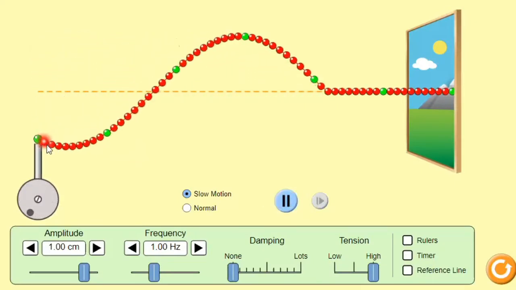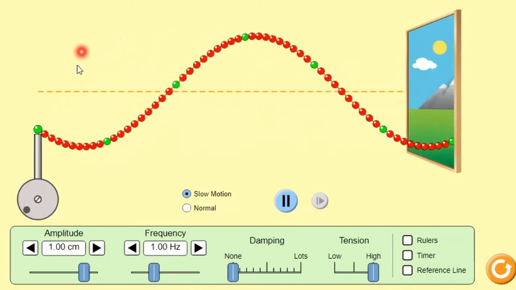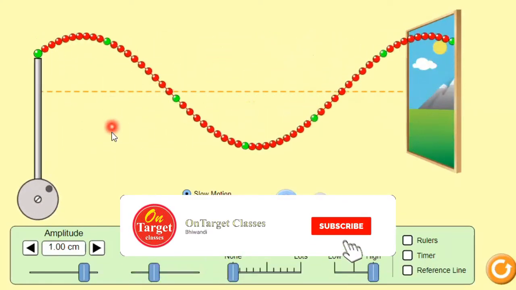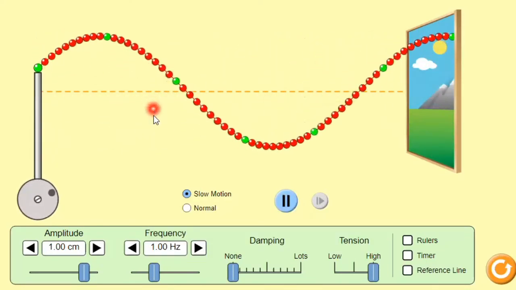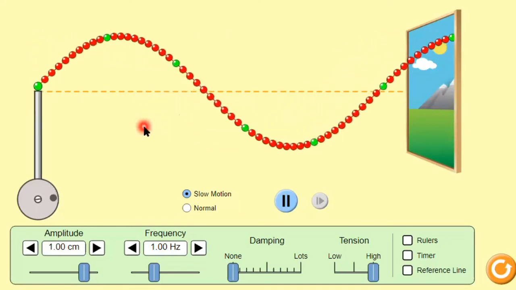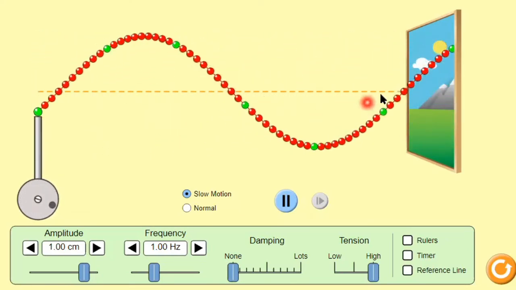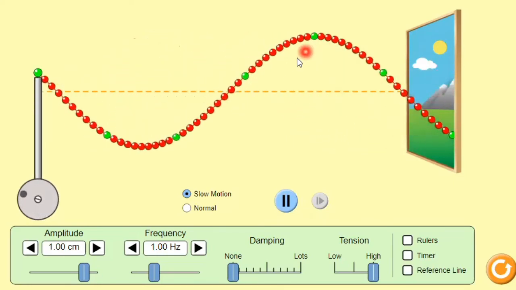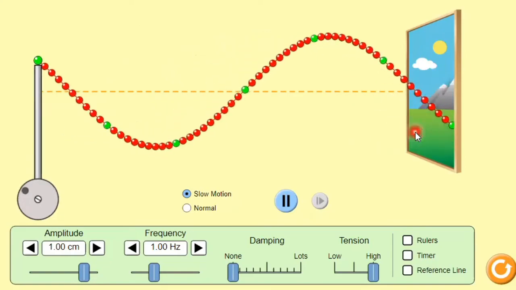So now see, each and every particle is moving about its mean position. No particle of this medium is at rest. See, all the particles are moving with some velocity.